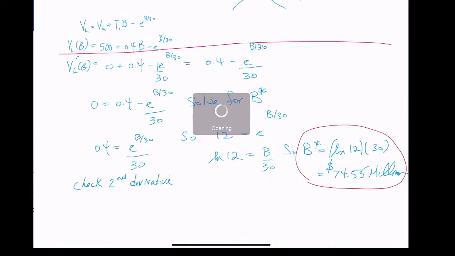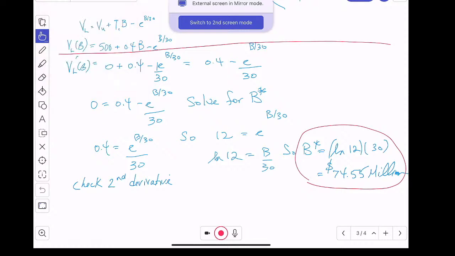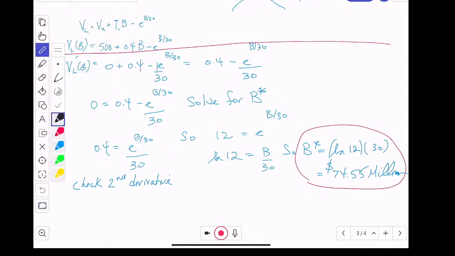So let's check the second derivative. It means I take V''(L). Let me do that again. I'm going to write down first the derivative function, which would be V'(L), like that.